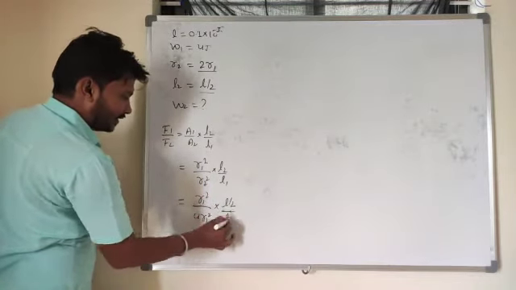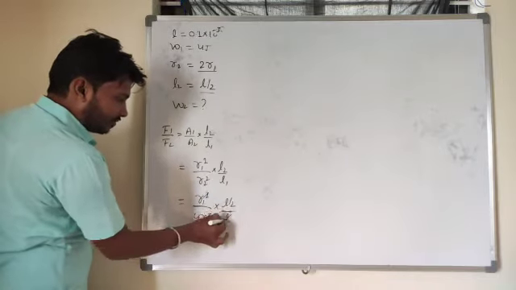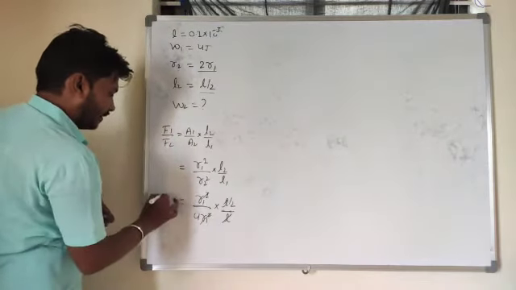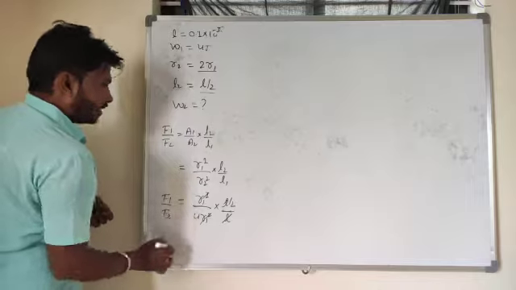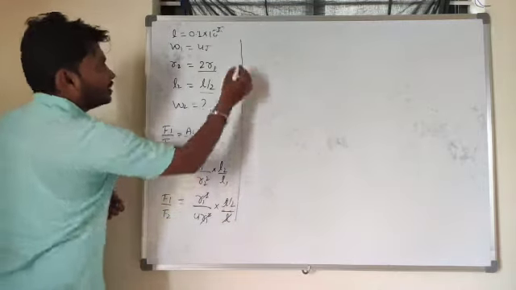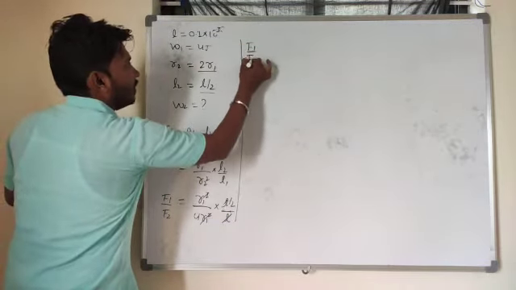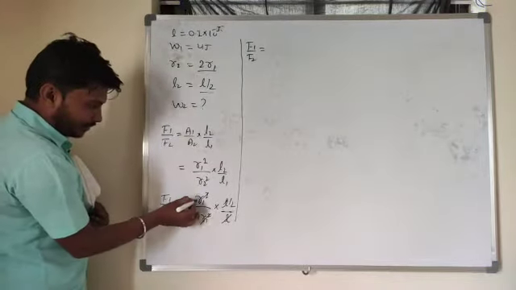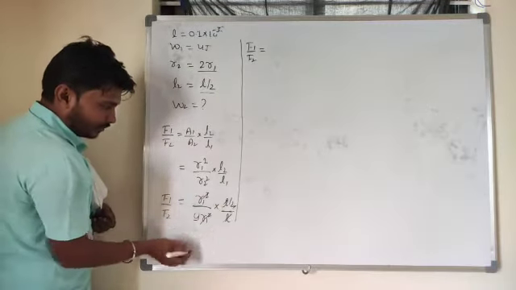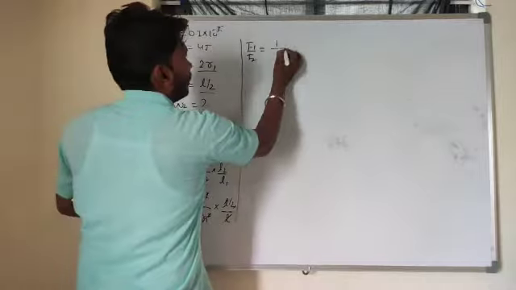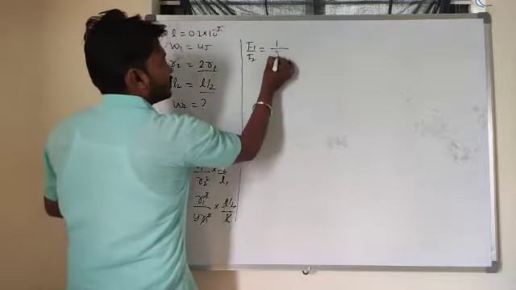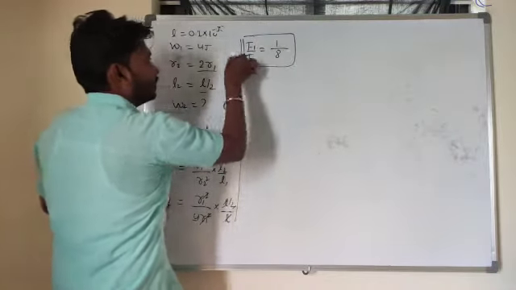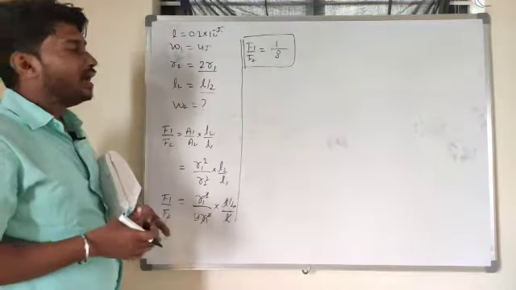L1 value is L. So R1 square term and L term will get cancelled out. So F1 by F2 is equal to what? Here 4 and here 2. So 1 by 4 into 1 by 2, that is 1 by 8. So F1 by F2 is equal to 1 is to 8.